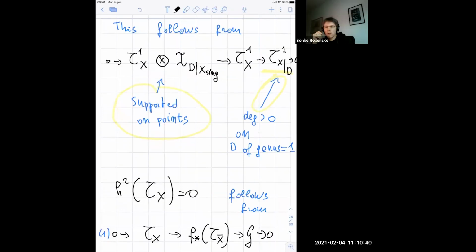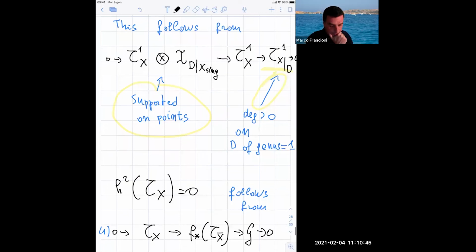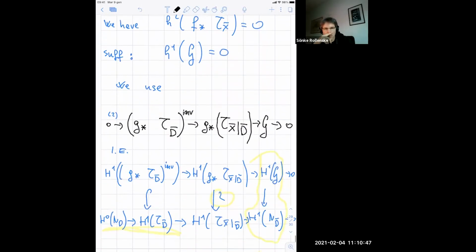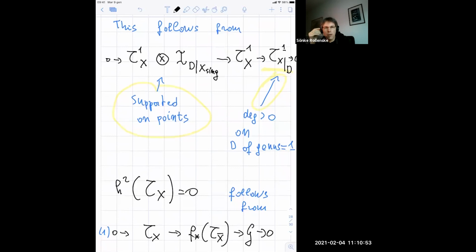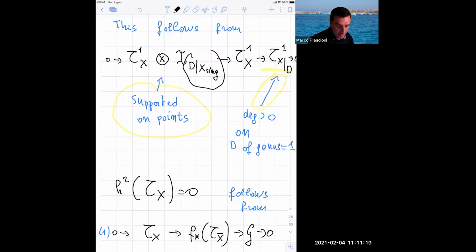So is the T1 sheaf actually trivial here, or no? It's of positive degree. But it is locally free, right? It is invertible. Yeah. So this T1 of X restricted to D is an invertible sheaf of positive degree. Oh, but you have some kernel. We have here some kernel which is supported on the pinch point.